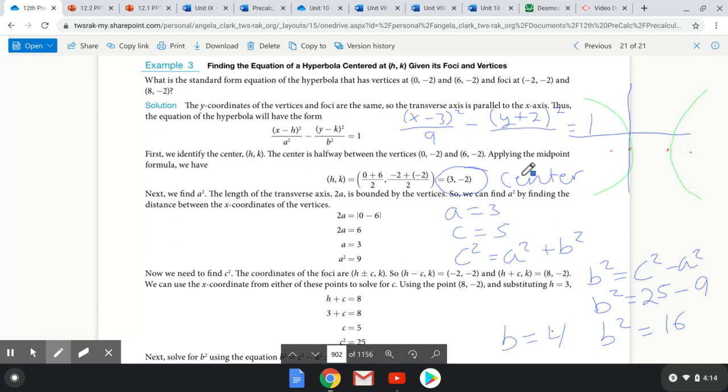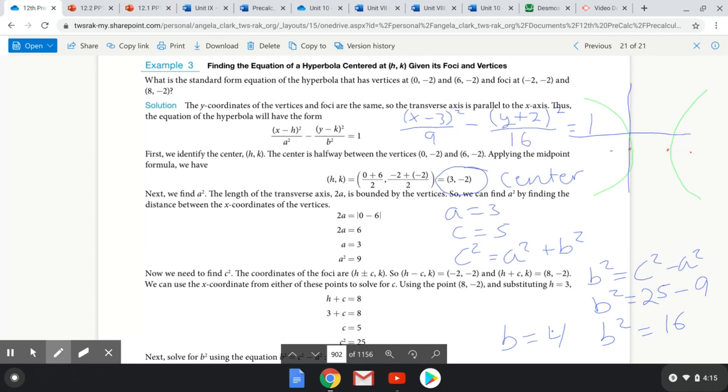So again, you could have seen that c was 5 and a was 3 and said, okay, c is the hypotenuse, so this is a 3, 4, 5 triangle, therefore b must be 4. If you see that, that's great. If you don't, using the Pythagorean theorem will always work. So b is 4, b squared is 16, so 16 is what goes here.